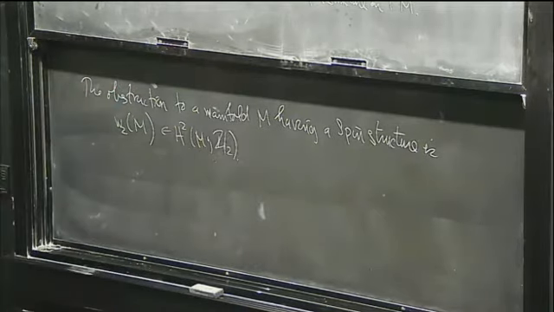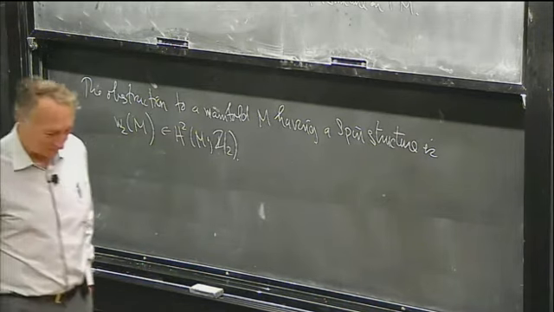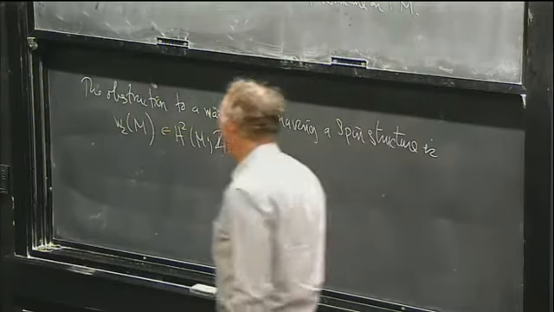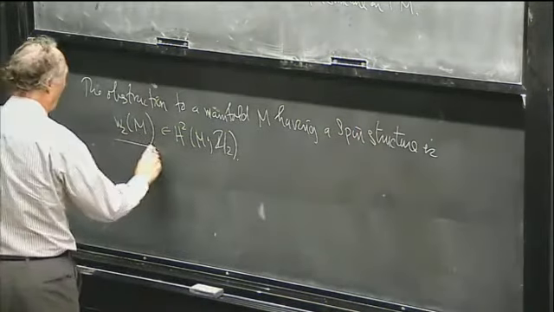If the manifold has a spin structure, it has to vanish. You could say it's this element in the second cohomology. Yes, like an extra thing to know.